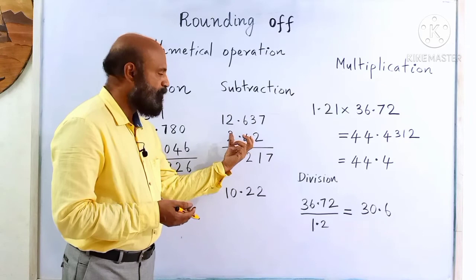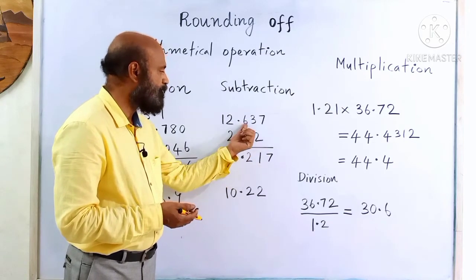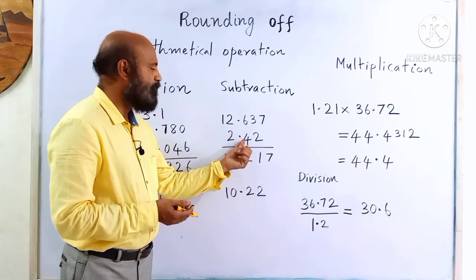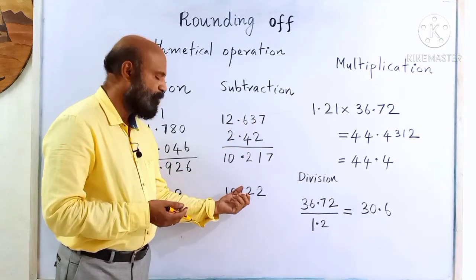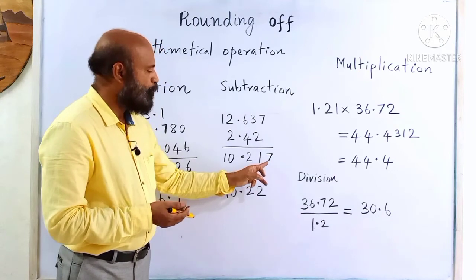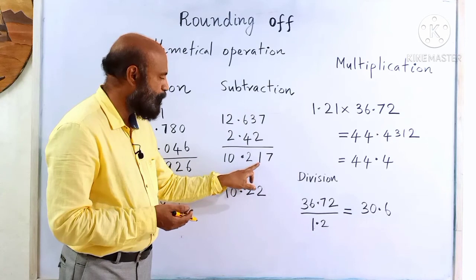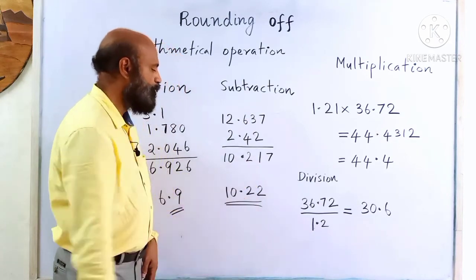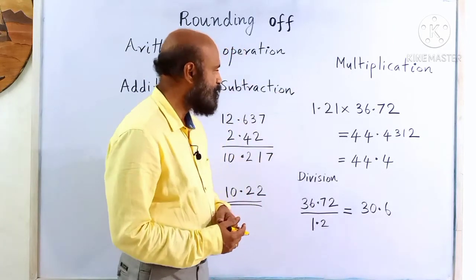So you have to find the least number of digits after the decimal point. Here 3, here 2. So in the answer also there should be only 2 digits after the decimal point. So this 7 is to be dropped. This is more than 5. So this is to be increased by 1. So this 1 will become 2. So the answer is 10.22.